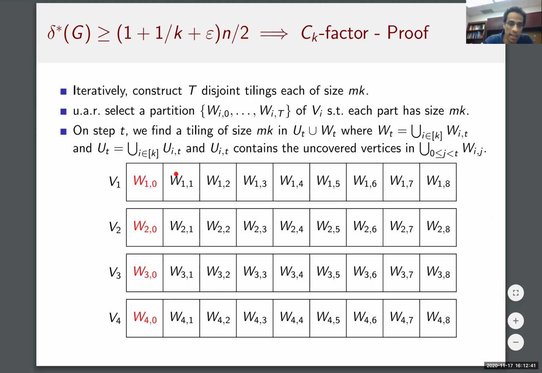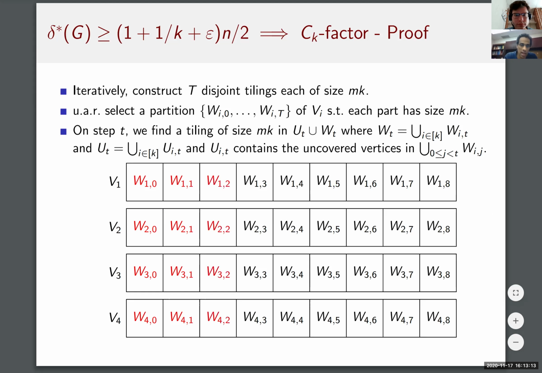Then what would be left here is mk vertices in each part, because I only covered half of this. And then I would be in a similar situation. I'd have mk vertices in each part that are uncovered in these first 2 columns. Then I would use one of these previously untouched columns to try and get another mk cycles.